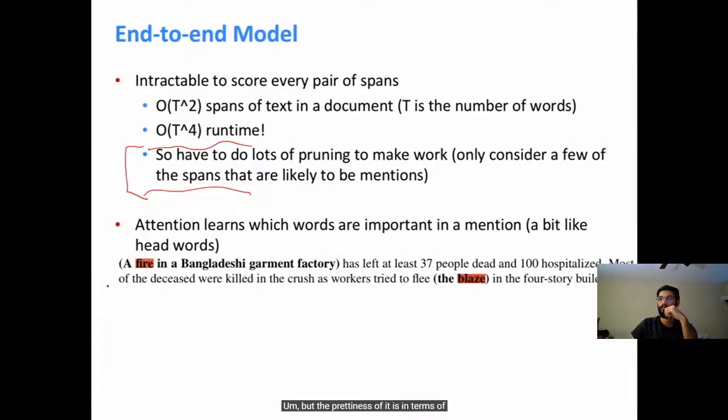But the prettiness of it is in terms of the loss function that's defined. The loss function is really defined end to end from just a sequence of tokens through to the mention ranking decisions. And so it is an end-to-end model, even though in practice, to make it practical, you have to have something like a mention detector to get it to work.